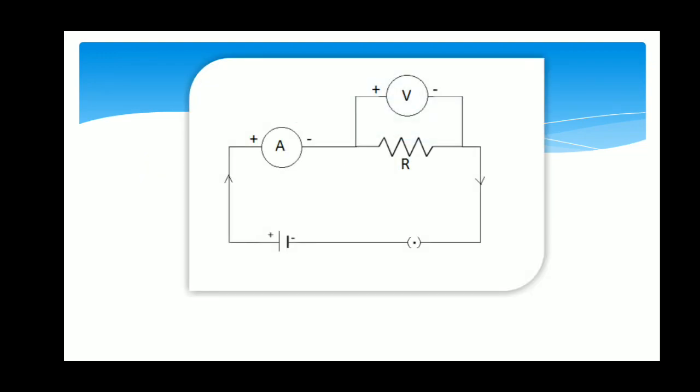Here we can see a circuit diagram consisting of a cell, a resistor of resistance R, an ammeter, a voltmeter and a plug key which is closed. Here we can see the ammeter is connected in series and the voltmeter is connected in parallel with the resistor.